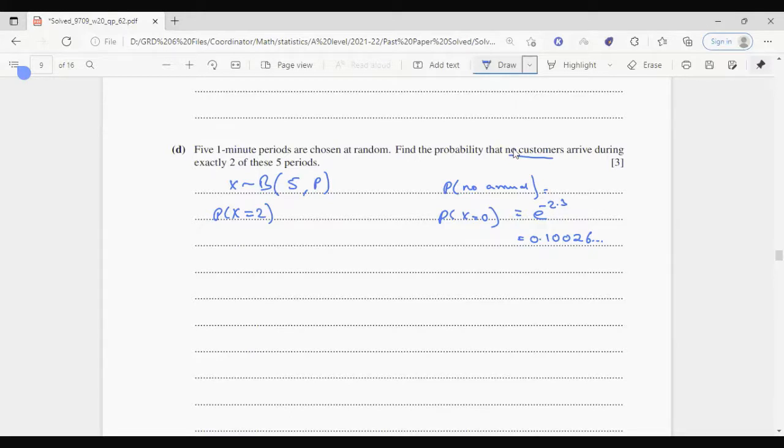It is 5C2 times this probability P to the power of 2 times Q to the power of 3, 5 minus 2. That will give you 0.0732, or 0.073. Both are acceptable. Here P is 0.10026, and Q is 1 minus P.